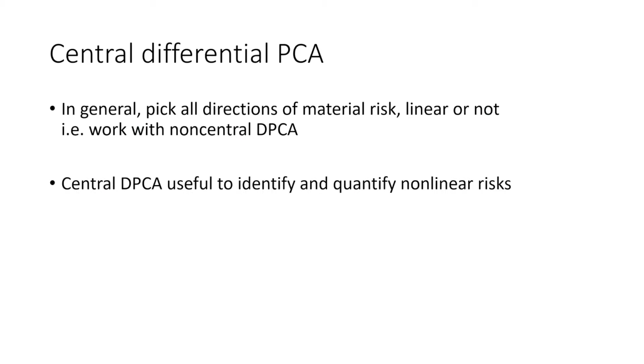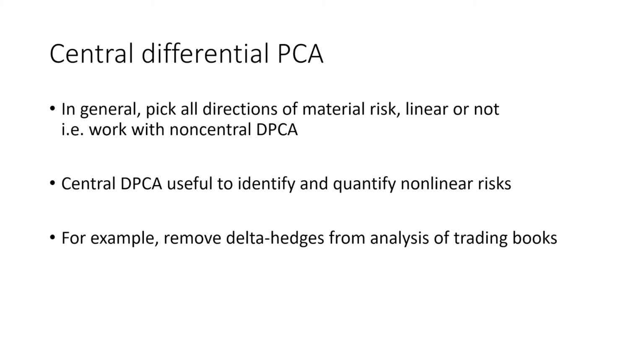Central differential PCA is, however, a very useful tool to identify and quantify nonlinear risk axes. For example, one effect of central differential PCA is to remove delta hedges from the analysis of trading books, effectively exhibiting the risk factors of the naked options of hedged portfolios.